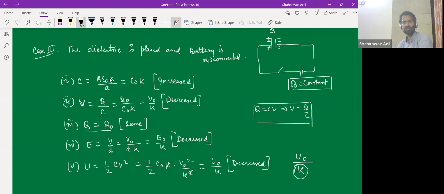Please note it down, and then we'll do one problem and move on to the next one. The next thing is sharing of capacitors, and then we will do the combination of capacitors, series and parallel. Then this chapter will be over, and we start the third chapter.